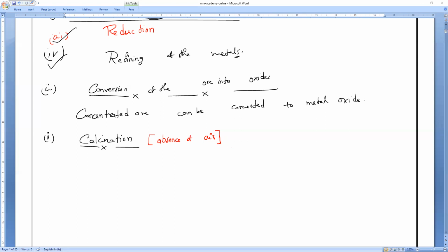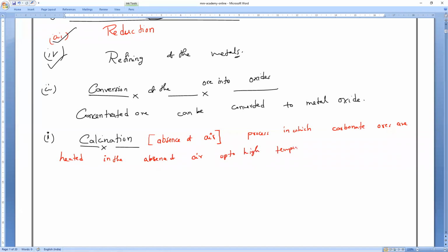A process in which carbonate ores are heated in the absence of air up to high temperature.